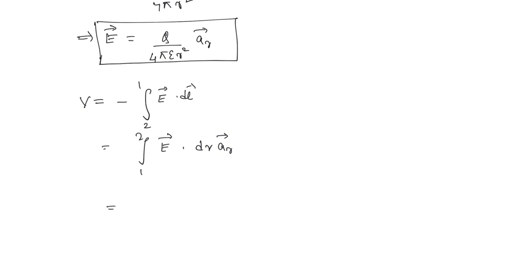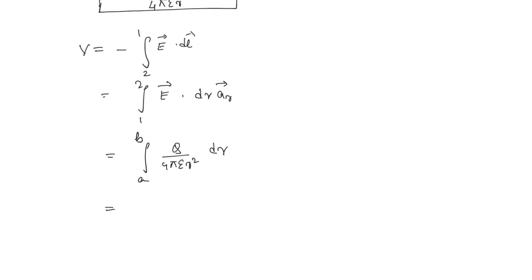If you substitute E bar, conductor 1 is at radius A, so the limits will be from A to B, and Q by 4 pi epsilon r square dr. If you integrate and substitute the limits, you are going to get Q by 4 pi epsilon times (1 by A minus 1 by B).